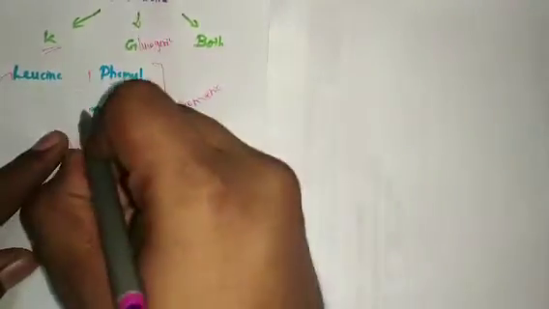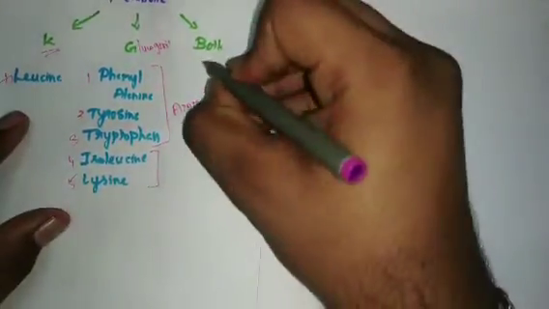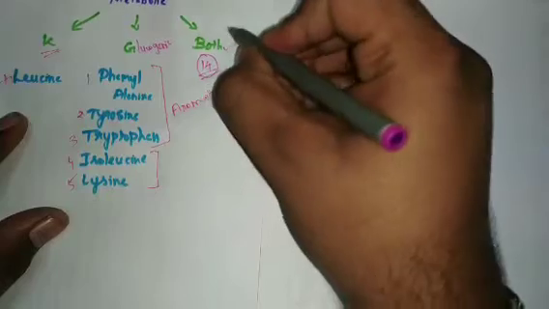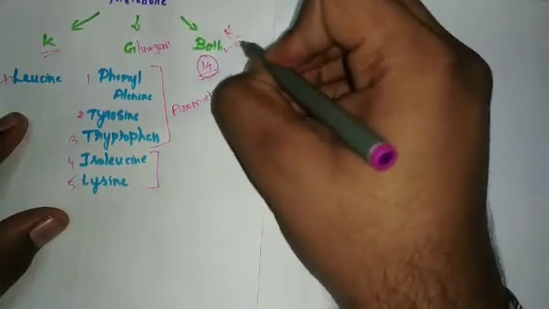In both ketogenic and glucogenic, there are 5 amino acids here and 1 here. If you subtract this 6 from the 20 standard amino acids, the remaining amino acids will end in the glucogenic metabolic pathway.